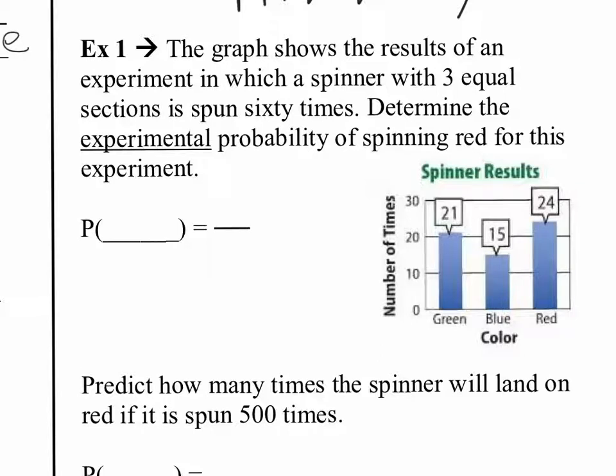That is the number of times that the spinner was spun. And it landed on red 24 out of the 60 times. So the probability of landing on red was 24 out of 60.